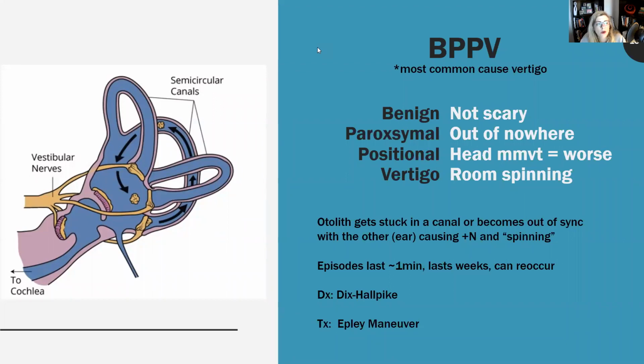Now, to understand what it actually is, let's look at this graphic. We see our semicircular canals, and they're full of that endolymph fluid we talked about. Inside the endolymph are tiny little stones called otoliths. Otoliths are going to settle wherever gravity makes them settle.